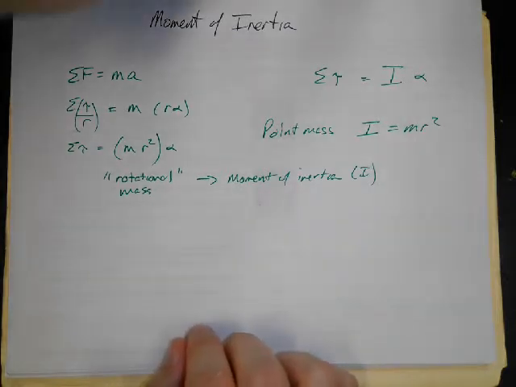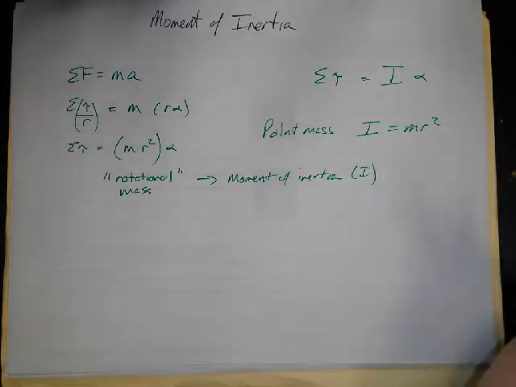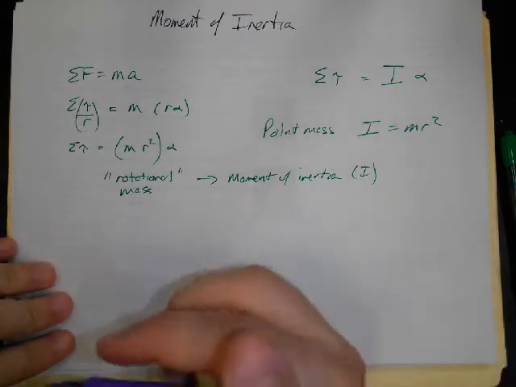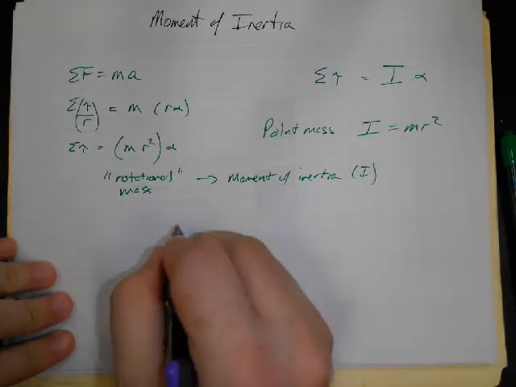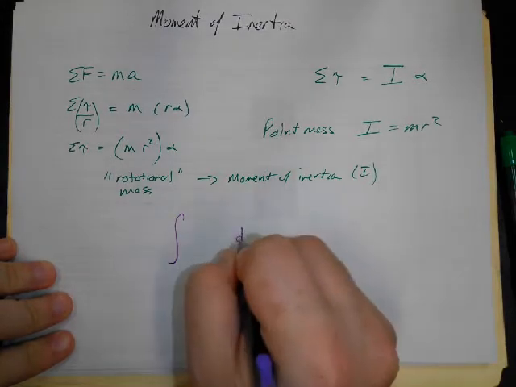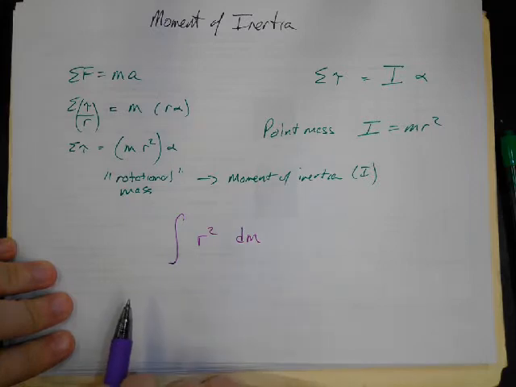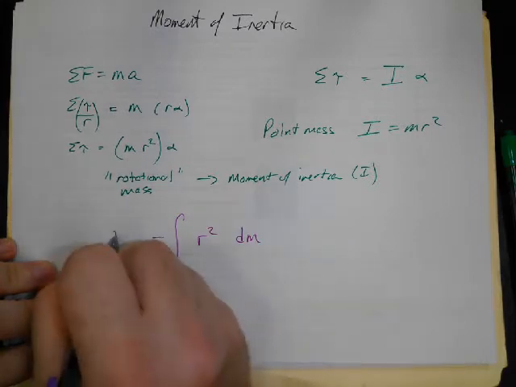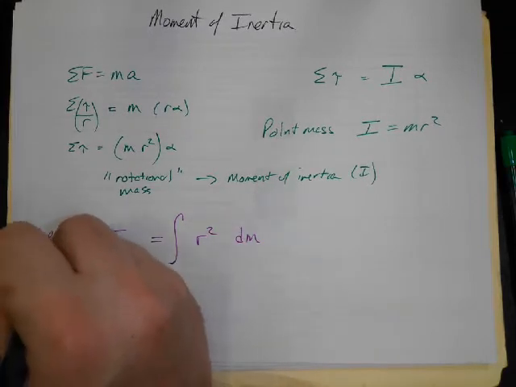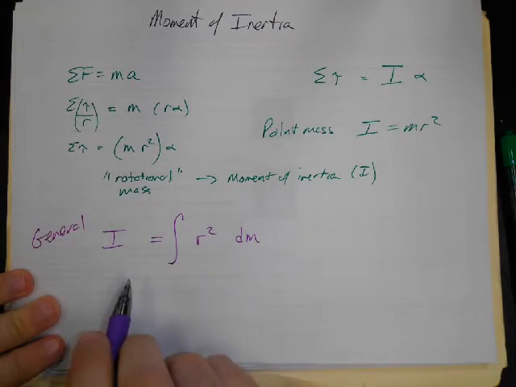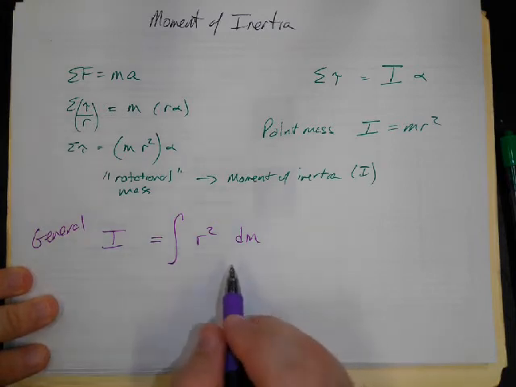For any other distribution of mass, there is a generic way of dealing with it. We take an integral over where the mass is, an integral of r squared. This is no bueno. I don't expect you to do this, or even to know what I'm talking about.